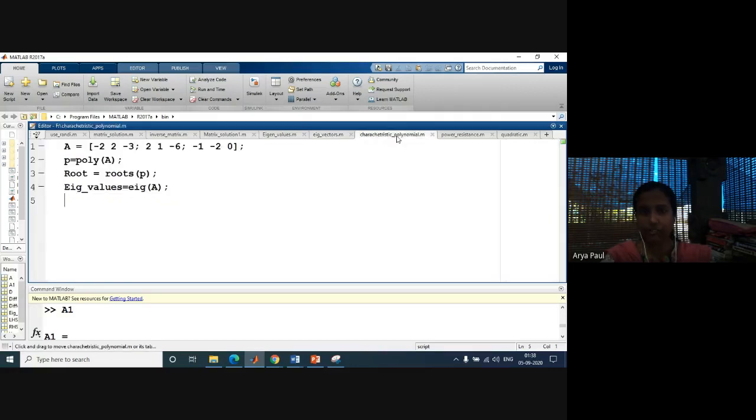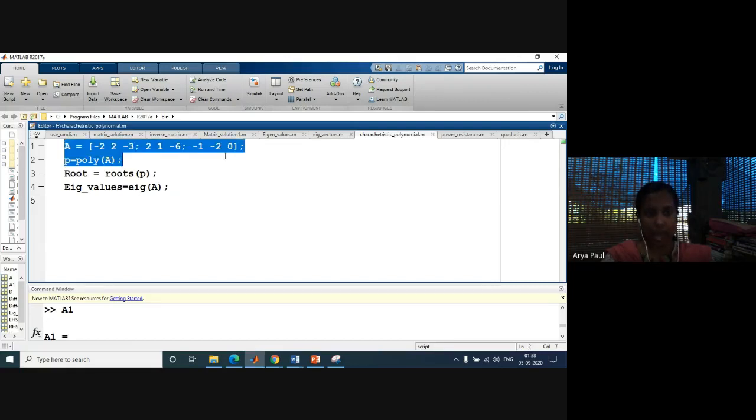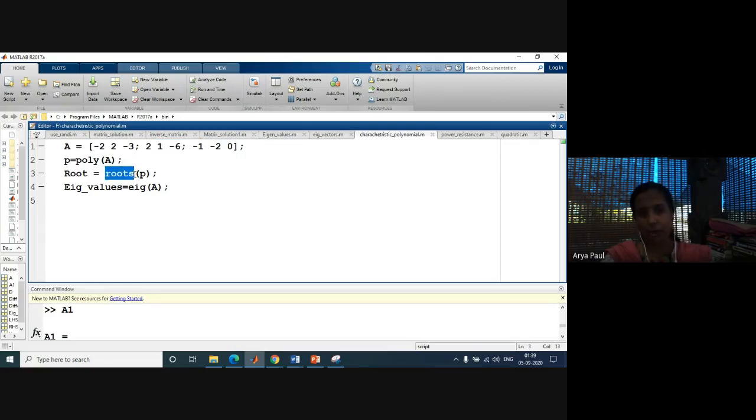Now, if you want to find the characteristic polynomial or characteristic equation, you can find it using a function called poly, P-O-L-Y. This is your A matrix. If you define poly of A, you will get the characteristic polynomial of this matrix A. And if you want to find the roots of this characteristic polynomial, just type roots of P, where P is the characteristic polynomial.